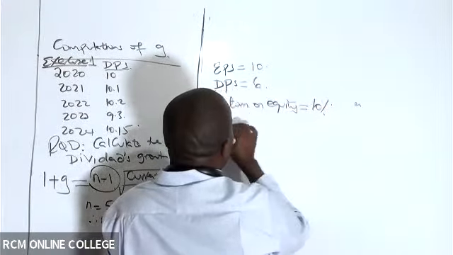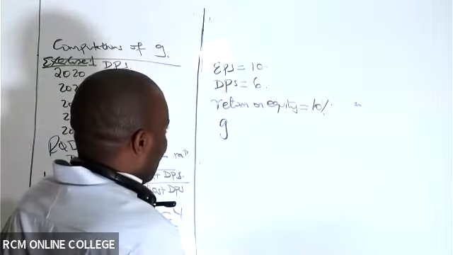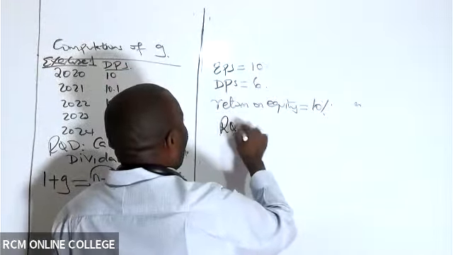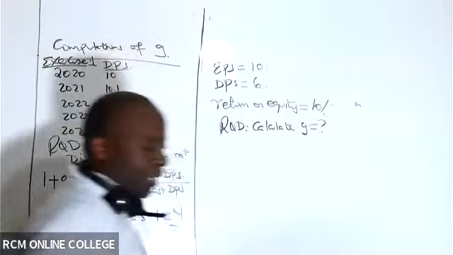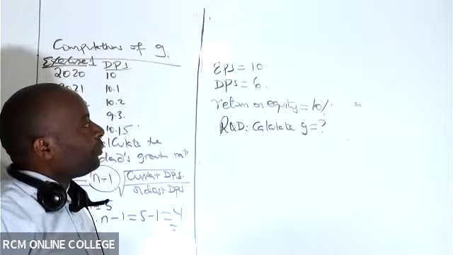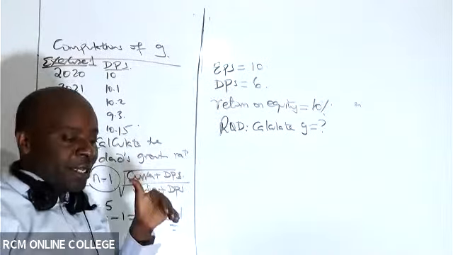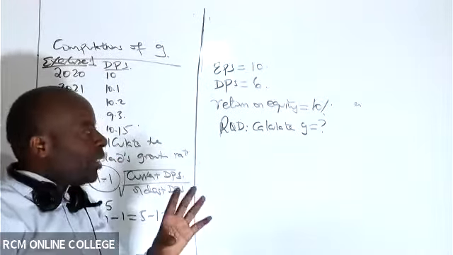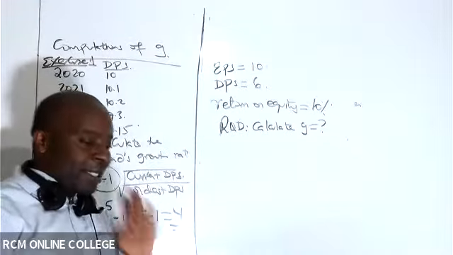We are required to calculate G, which is the growth rate. I'm not given many dividends that I can use that formula of 1 plus G equals and so on. They have given me very scanty information and they want me to calculate G. So I must dance a little bit.